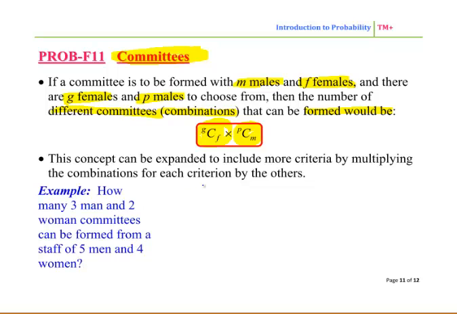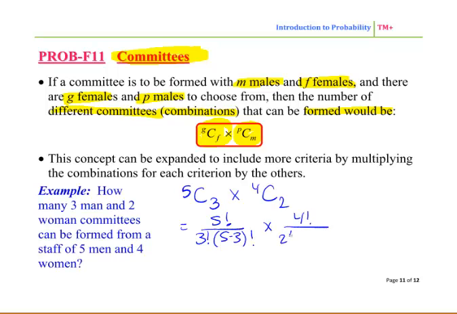It's easy to just think, okay, I've got 5 men and I want to choose 3, and then I've got 4 women and I want to choose 2. Order doesn't matter, so it's just a combination. So from there I get 5 factorial over 3 factorial, (5 minus 3) factorial, times 4 factorial over 2 factorial, (4 minus 2) factorial.